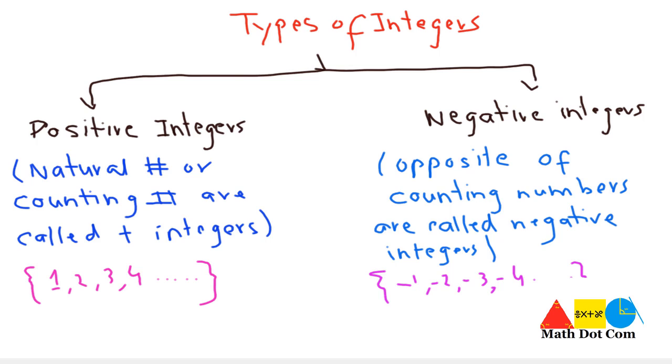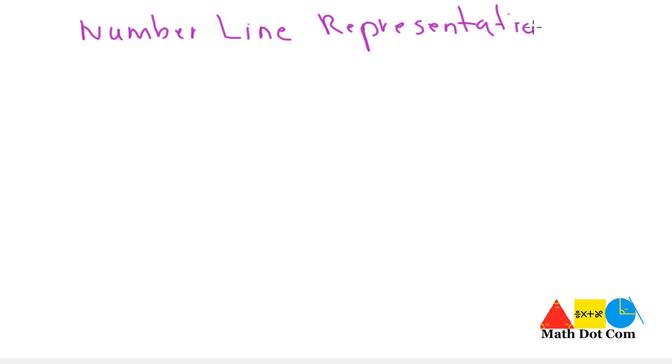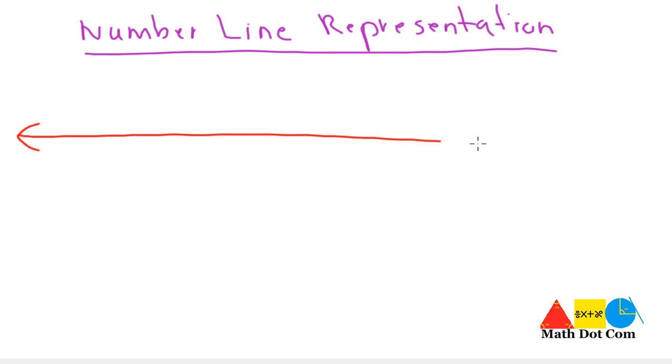Now we can extend this concept to the number line representation, as it is very important in mathematics. Let's see how integers can be represented on a number line. Let's draw a number line. This is a number line.